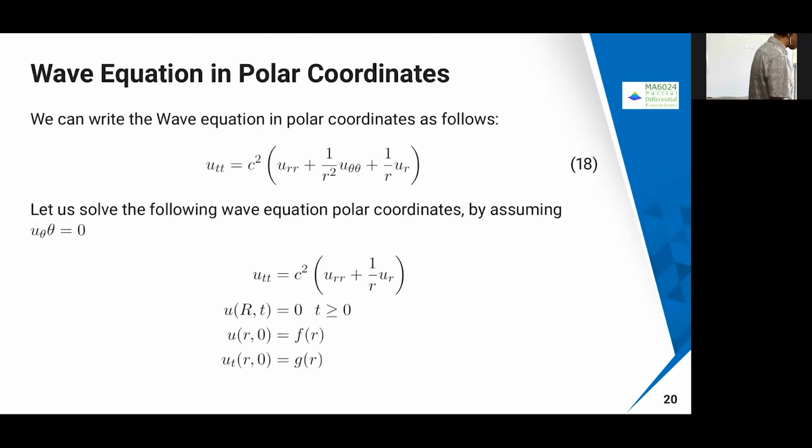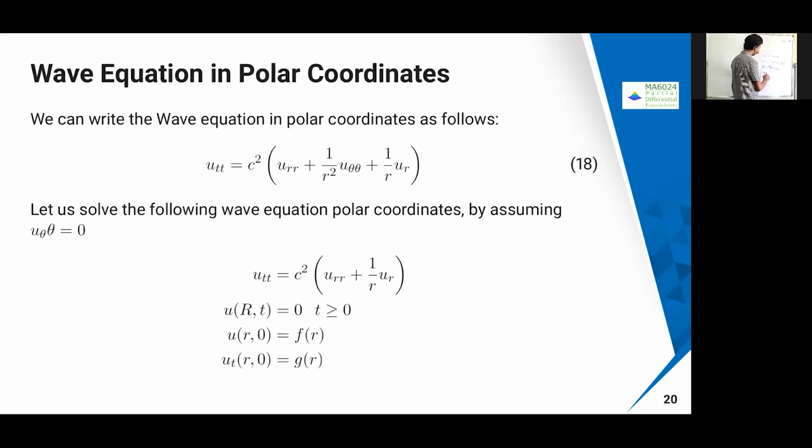If I assume u theta theta equal to 0, for example, I can write this as u tt equal to c square into u rr plus 1 by r into u r. Let us see how to solve this problem. I'll just give a hint, not solve it completely. We are assuming u theta theta equal to 0, and then we are going to solve for u of r comma 0.